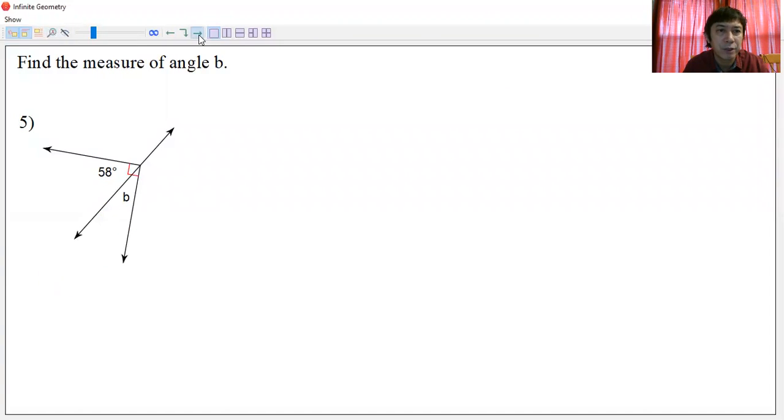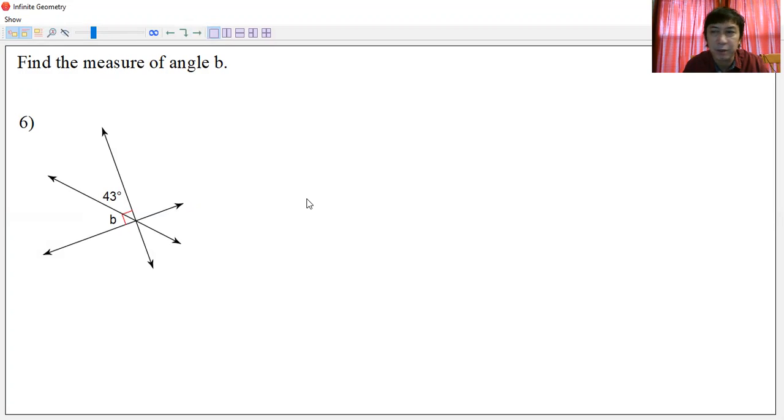It's number 6. Okay, here's number 6. We have 3 lines intersecting, forming two angles for a total of 90 degrees, as you can see from the red mark. Again, that will be your clue there.